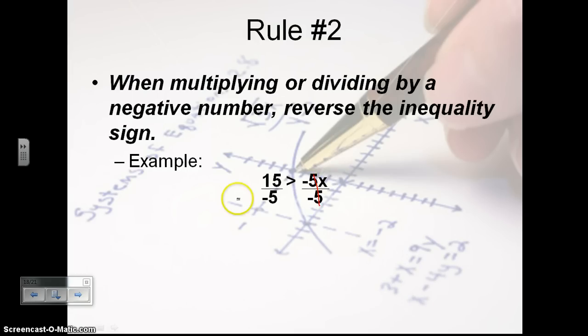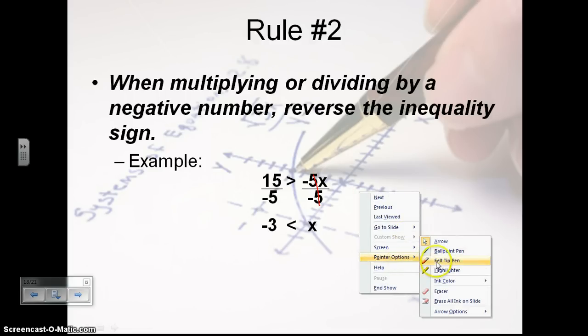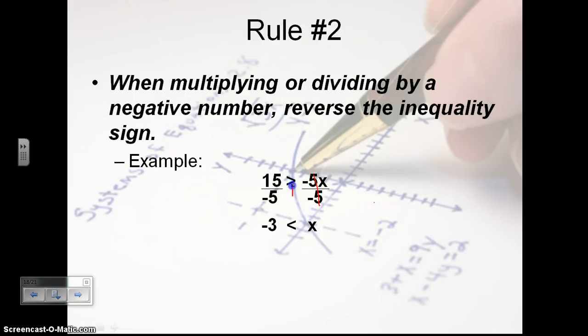Because I divided by a negative number, I will change my inequality sign. If you look, it went from greater than to less than. 15 divided by negative 5 is negative 3. So now my statement is x is greater than negative 3.